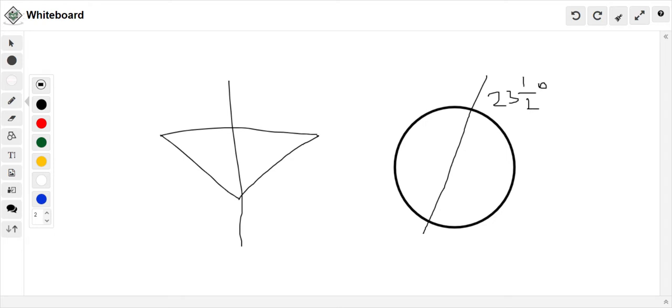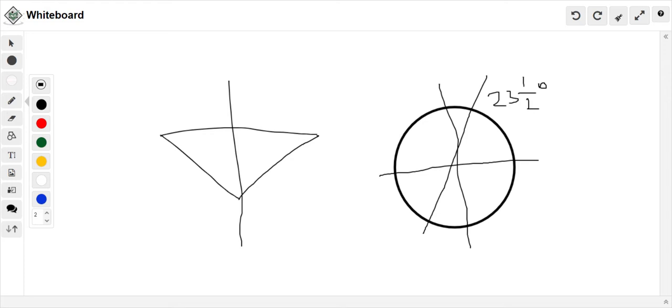23 and a half degrees from the vertical plane. And you might wonder what is a vertical plane, but that's the topic for another video. And there's another thing called the orbital plane, which is basically the line on which the Earth orbits around the sun.